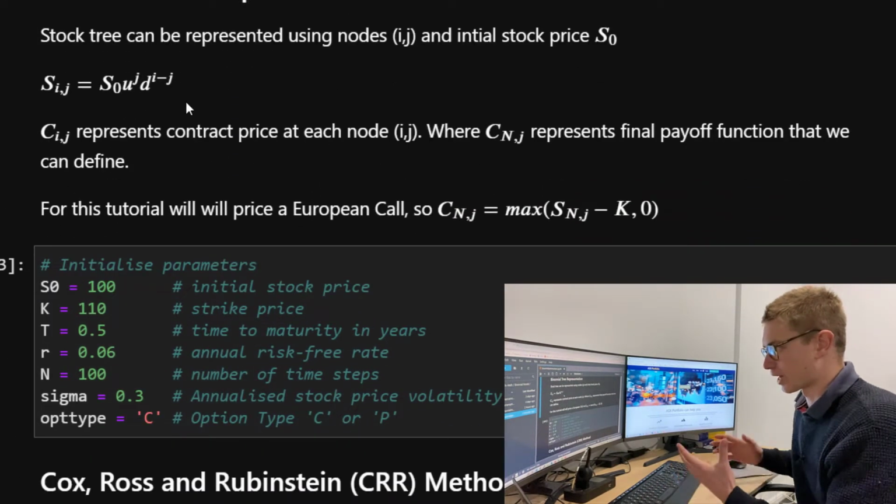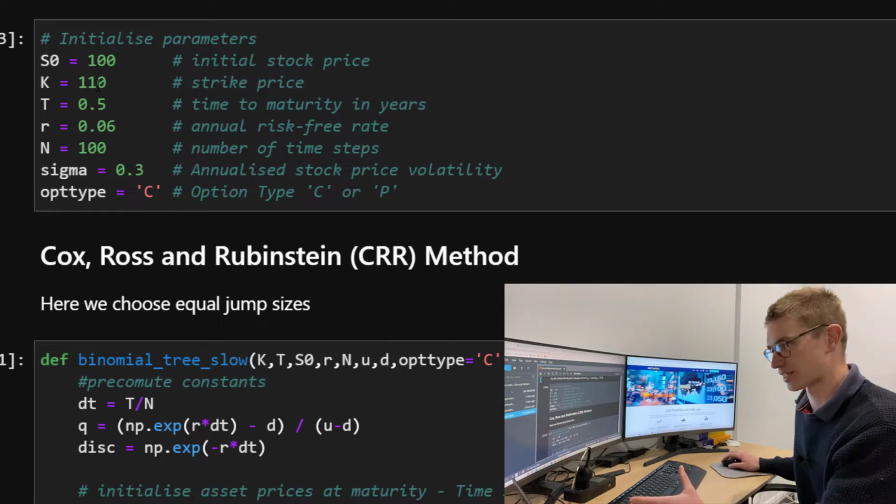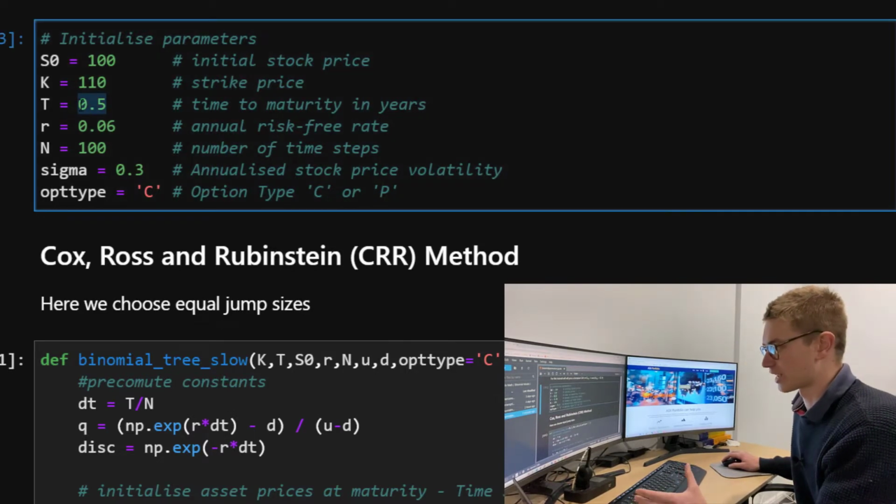We're going to be using the binomial tree representation as we've been going through. The initial parameters are on my website, but we're going to be using an initial stock price of 100, strike price 110, time to maturity half a year, 6% risk-free rate. We're going to be using 100 time steps, and a volatility of 30%. And again, we're going to be valuing a call.